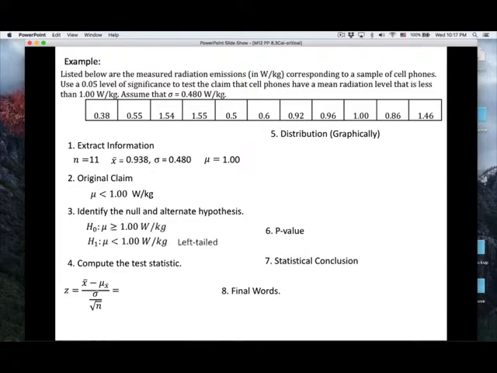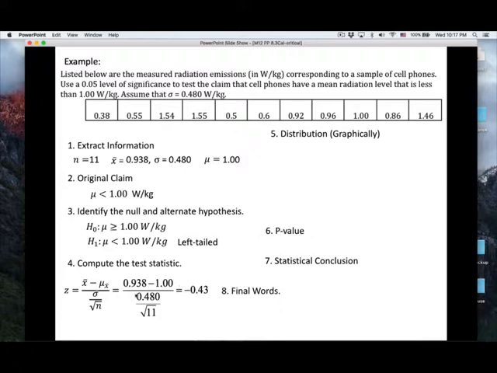And that will be the left tail here. Okay, now figure out your test statistic. Plug it in. You should get this one. Okay, one more time.